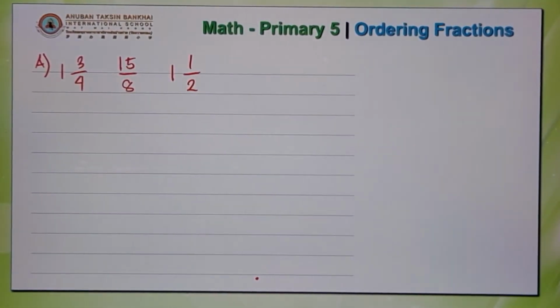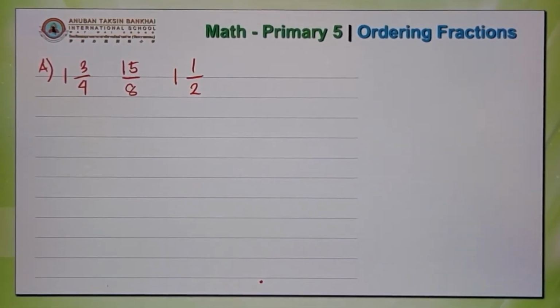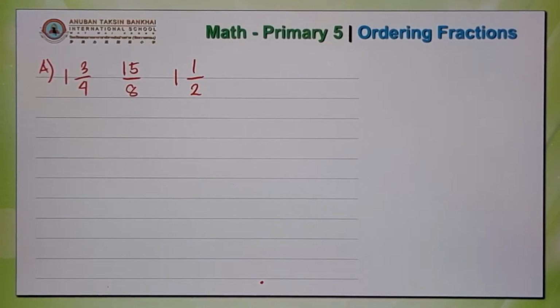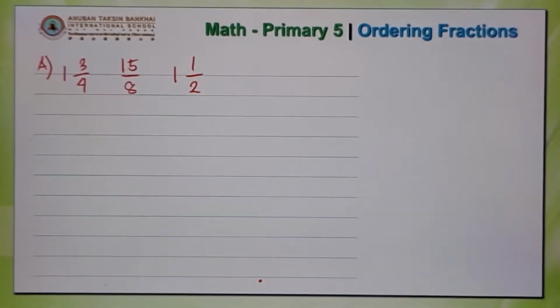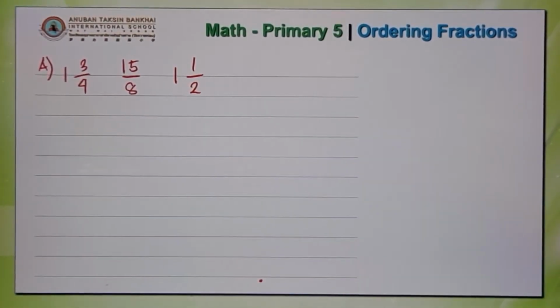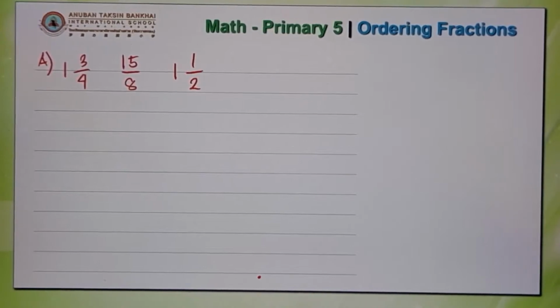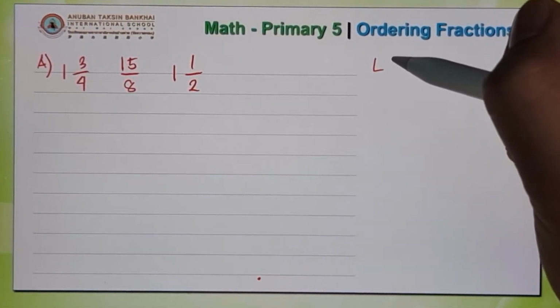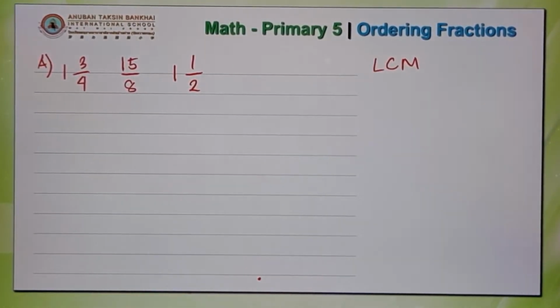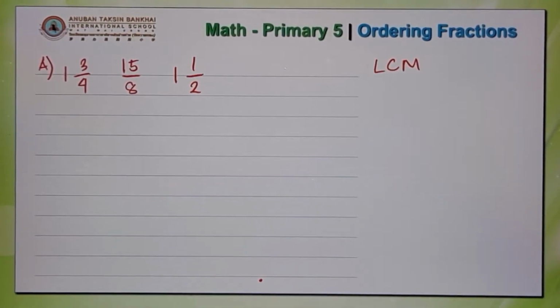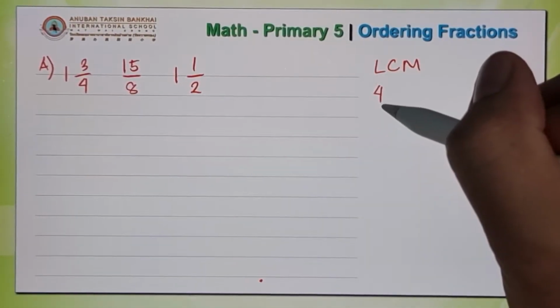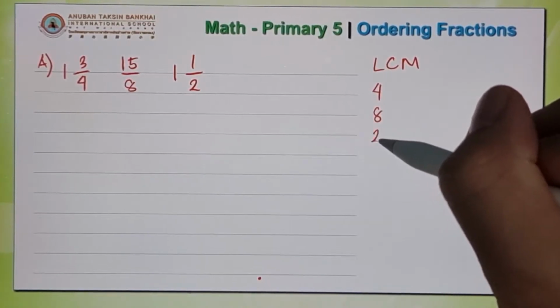So again, take note that this is in increasing order. So we're going to arrange it from small to big order. So our denominators are not the same. So let's find first our LCM, or our least common multiple. So we have 4, 8, and 2.